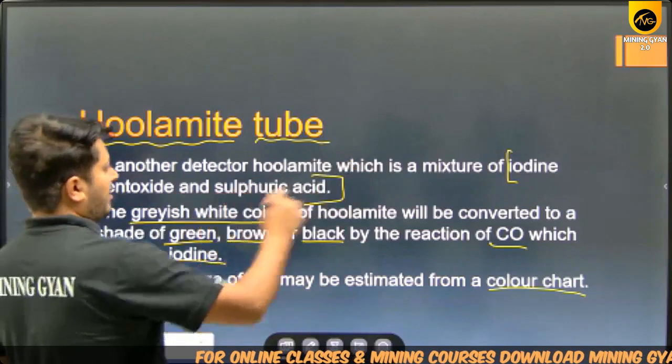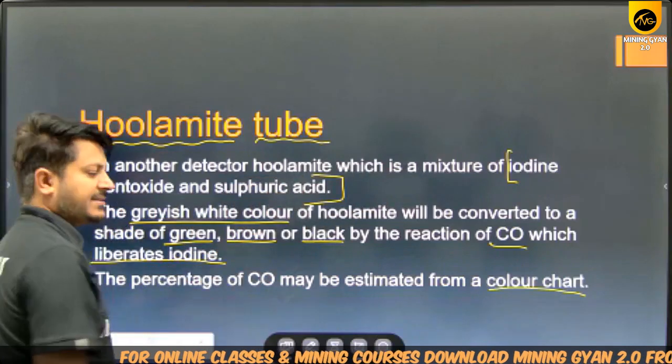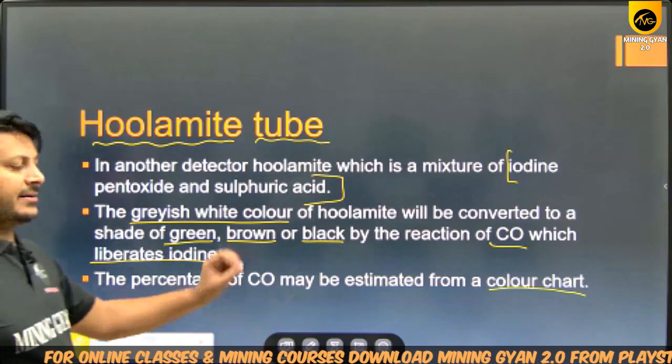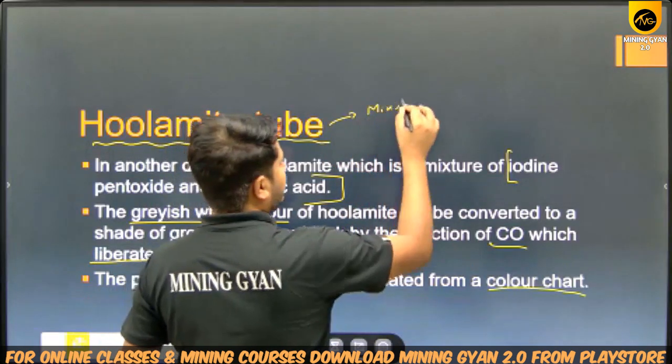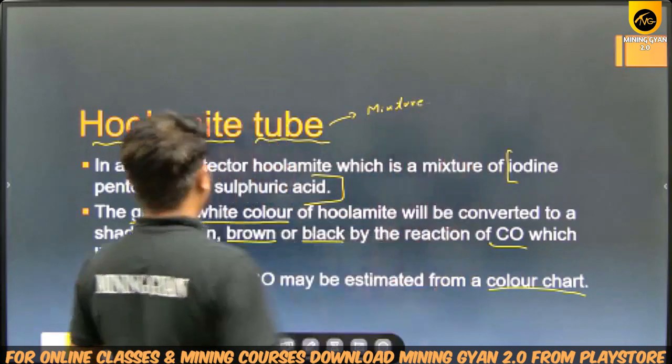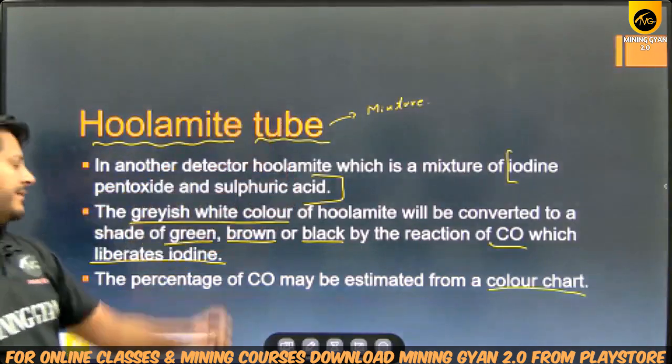Hulamite, mixture of iodine pentoxide and sulfuric acid. First of all, write this thing. Hulamite, arrow, mixture of iodine pentoxide and sulfuric acid. Write this portion.